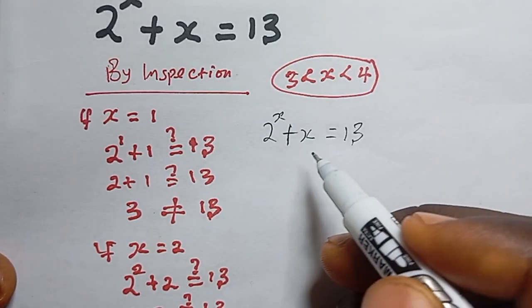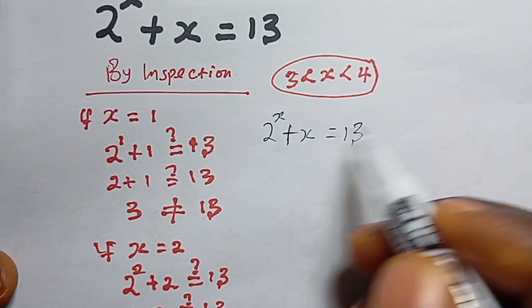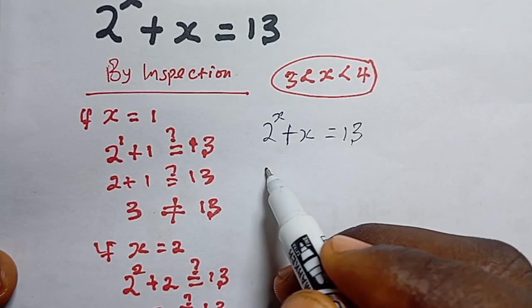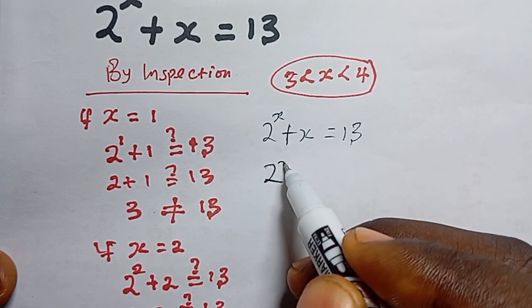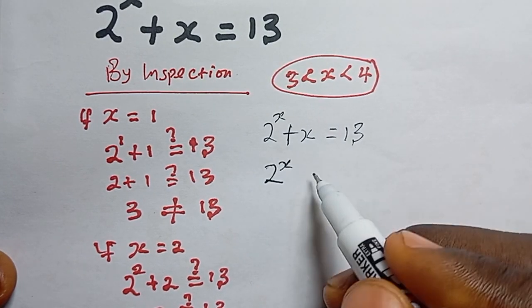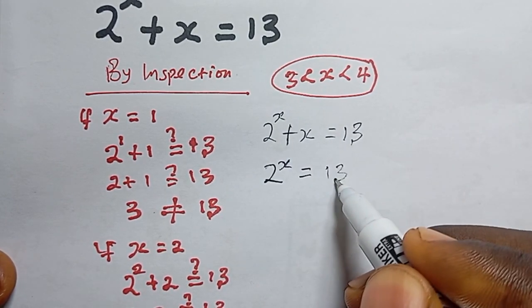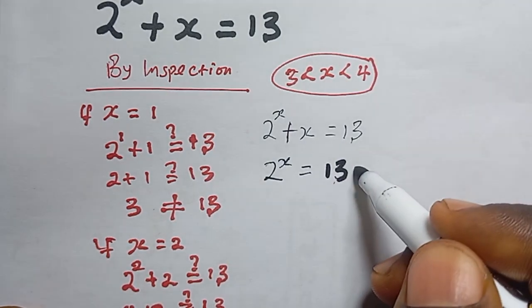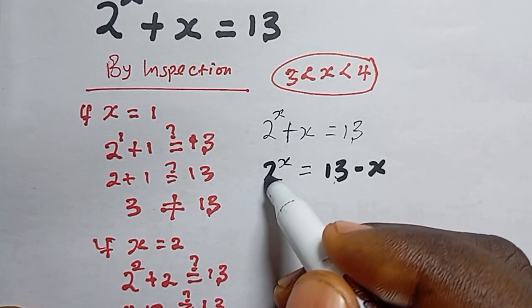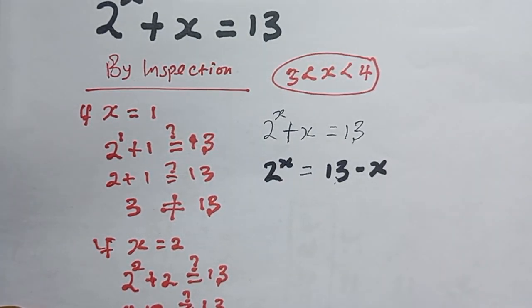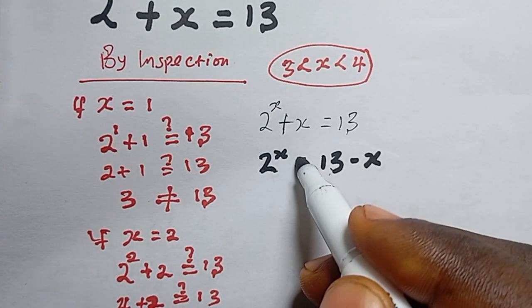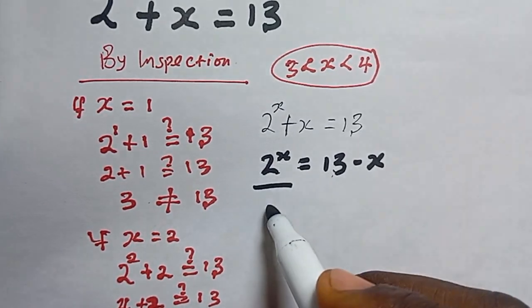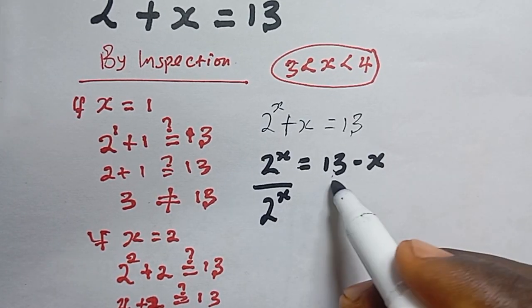So the first step I want to take is to move this x to the right hand side. So I'm going to be having 2 power x is equal to 13 minus x. So moving on, I'm going to divide through by this 2 power x right here.